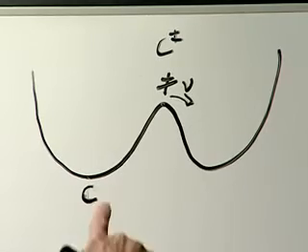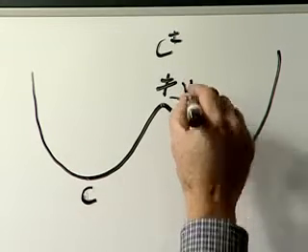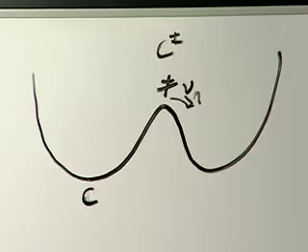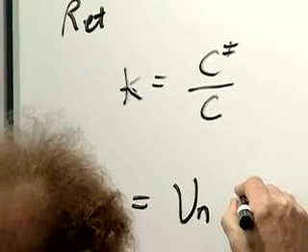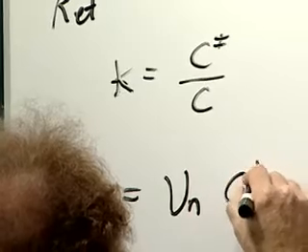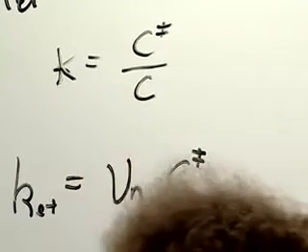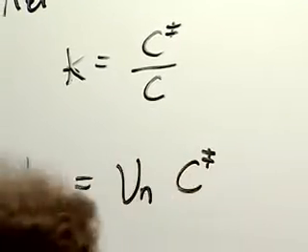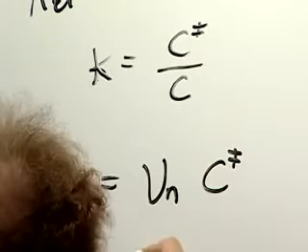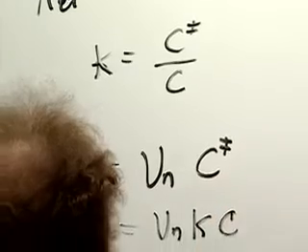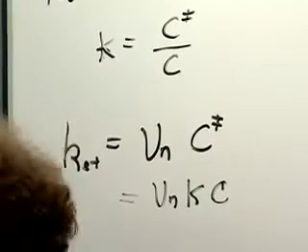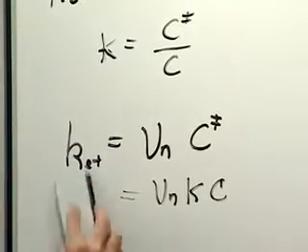So I'll say that's a nuclear frequency, nu n. And so my rate is going to be nu n times C star, and that's going to be nu n K. This isn't my rate constant, this is my total rate.